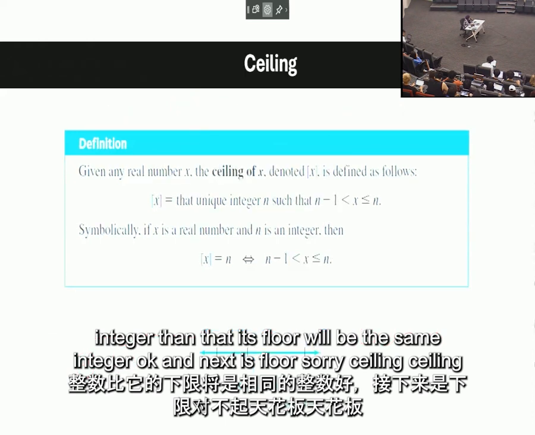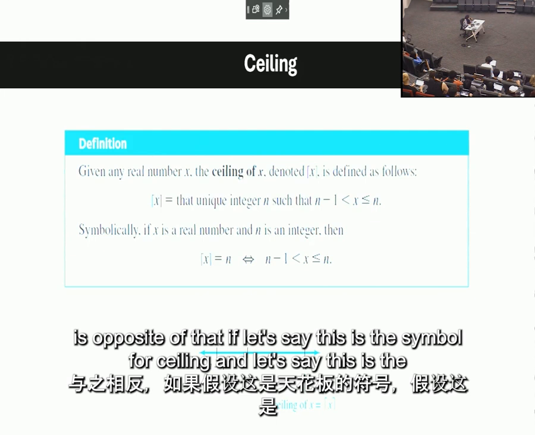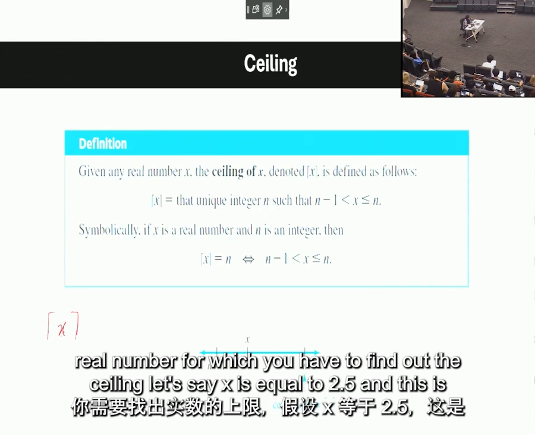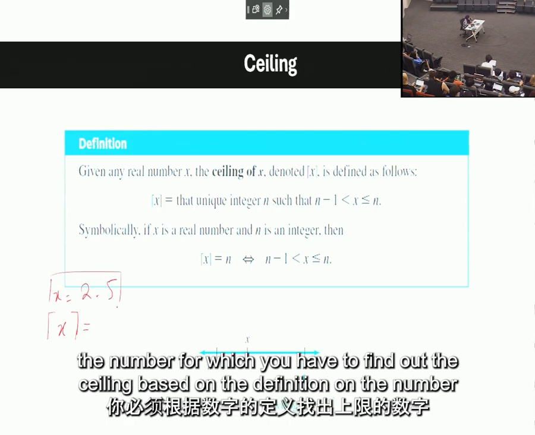Next is ceiling. Ceiling is the opposite of that. Let's say this is the symbol for ceiling, and this is the real number for which you have to find out the ceiling. Let's say x is equal to 2.5.